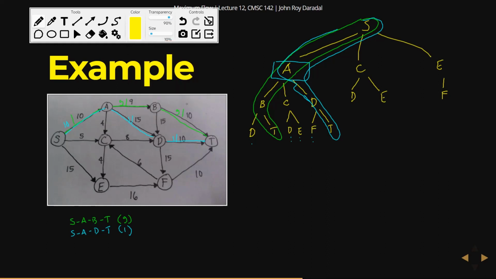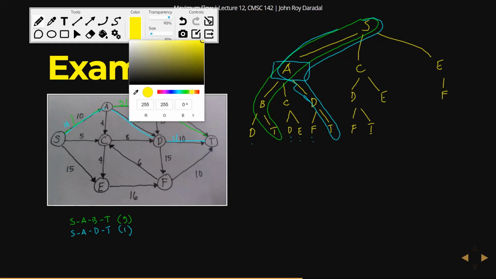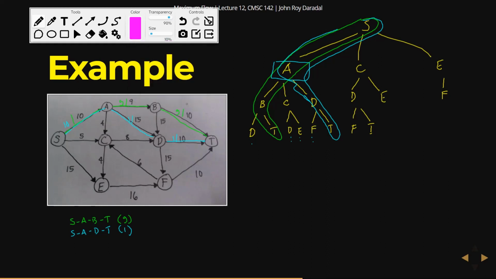So from D, you can get to F or T. And then we found another T here. So let me use another color. Okay, so SCDT. Right, so this is our third path that we found. SCDT here.